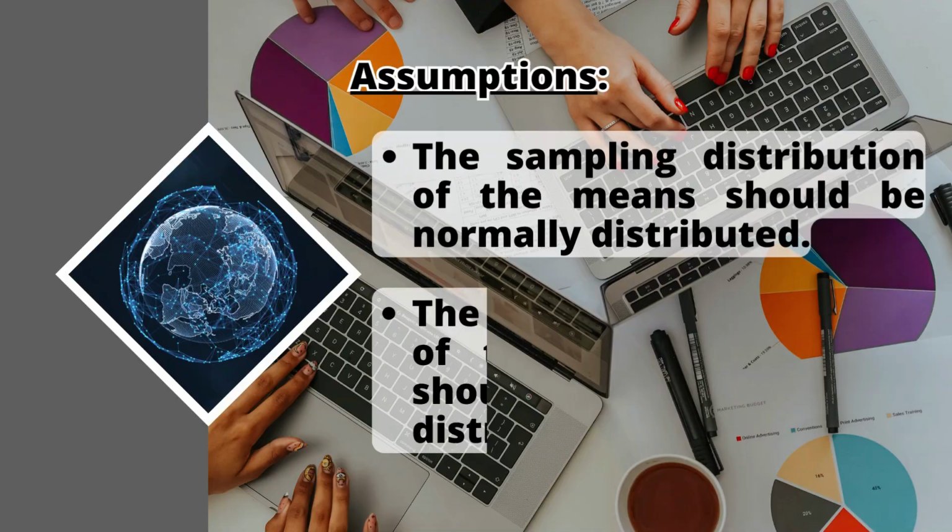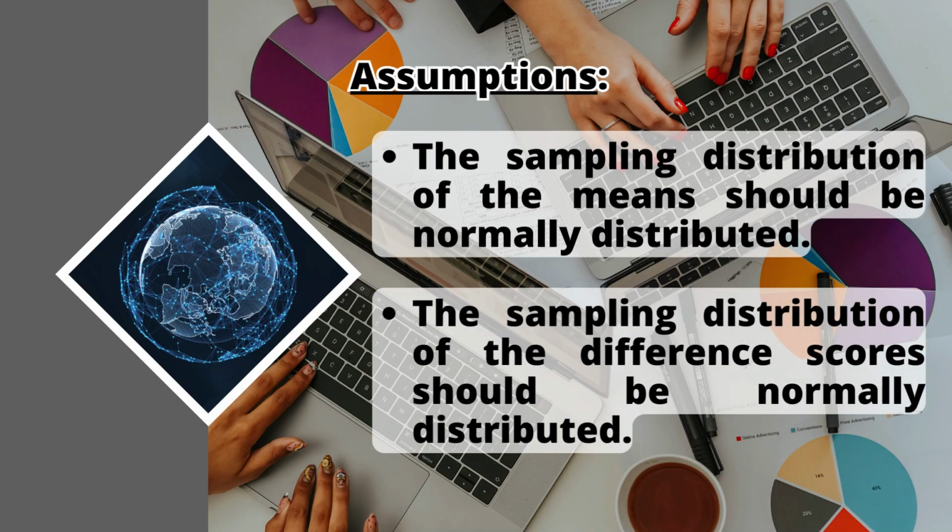The second is that the sampling distribution of the difference score should again be normally distributed. It means whatever difference we get in terms of the mean differences should also be normally distributed.